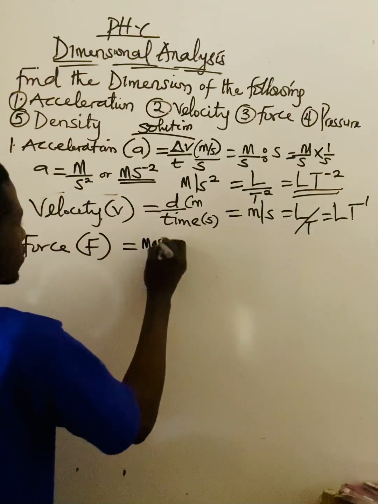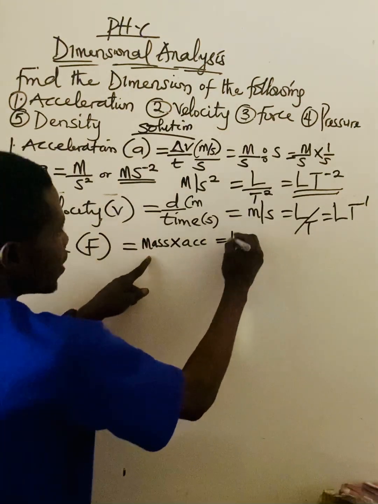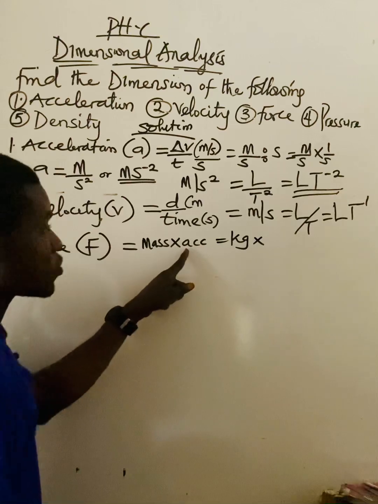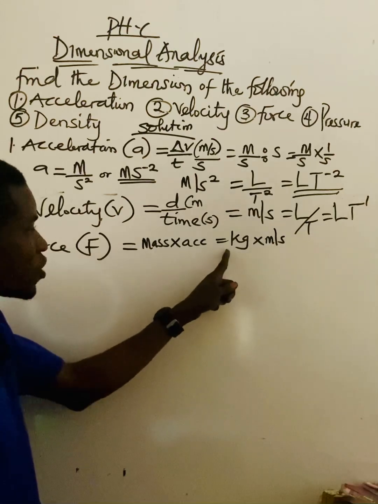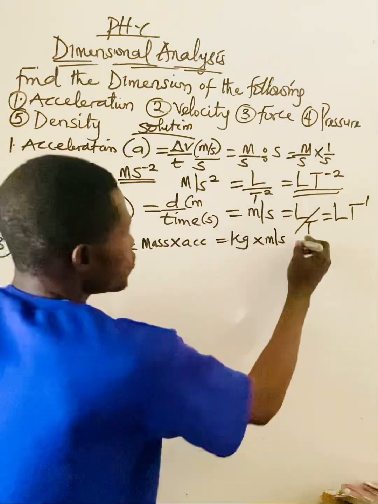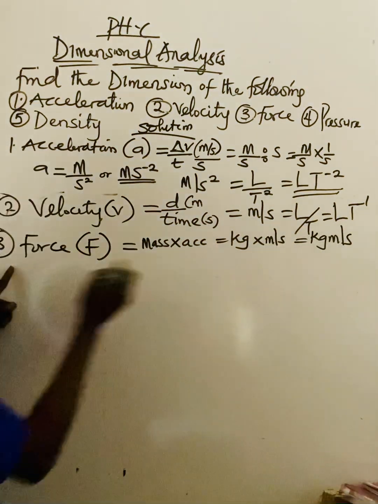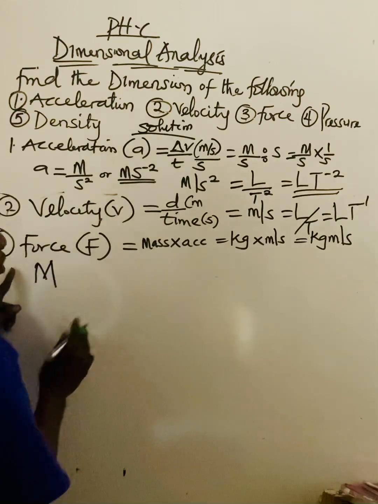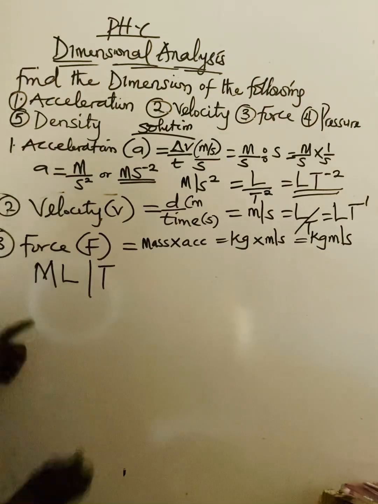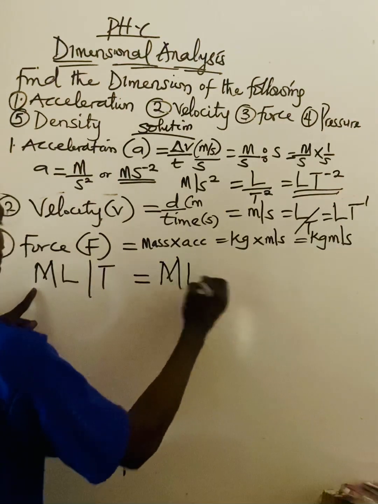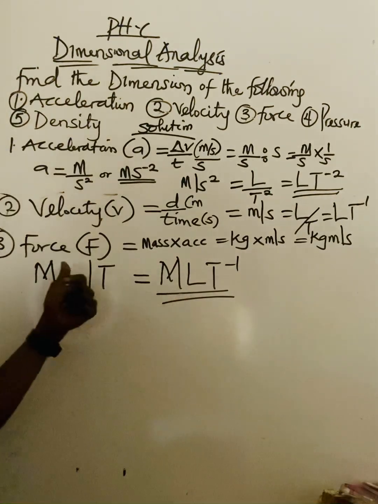So mass, which is measured in kilogram, multiplied by acceleration, which is measured in meter per second square. Kilogram is denoted as M, meter as L, and second as T. And this is going to give us M L T to the power minus 2, and this is the dimension of force.